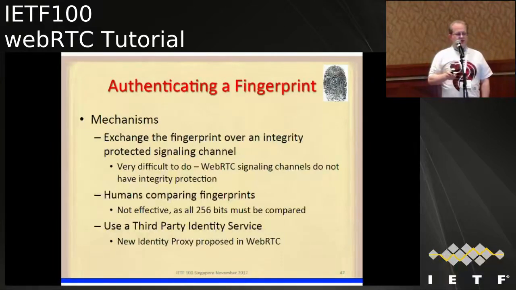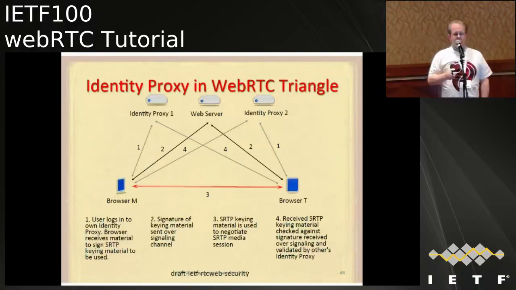And this, I actually got rid of these slides because they're just very confusing. There is a mechanism now in the specification, an identity proxy mechanism, and essentially SRTP is great because you know that your media is protected end-to-end from browser to browser. But how do you know that you're actually talking to the person you want to be talking with on the other end?